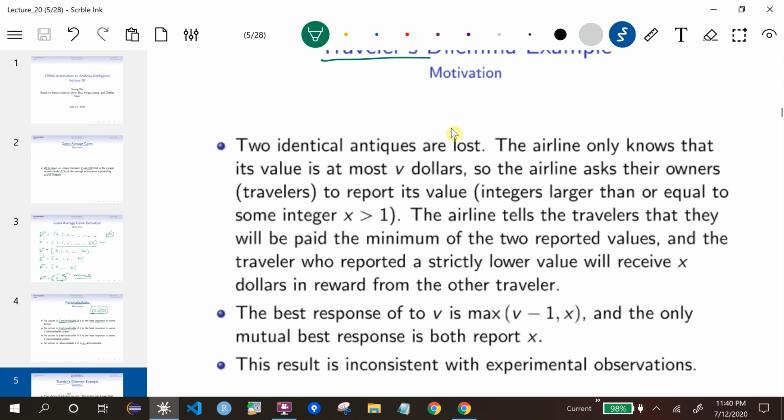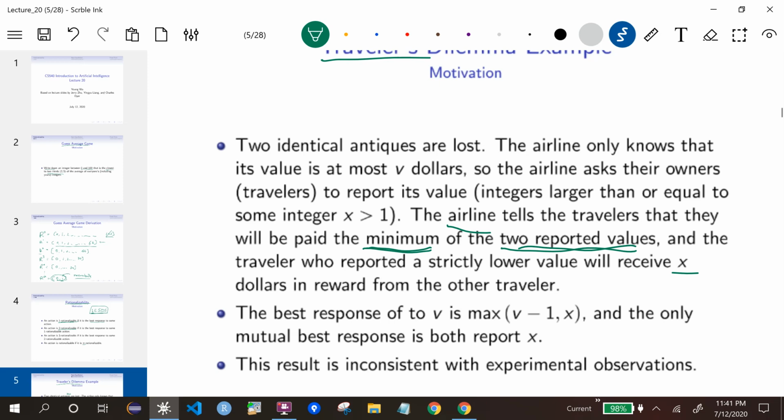The airline will pay the minimum, or the lower, of the two reported values, and it will also punish the traveler who reported a strictly higher value. So if one traveler reports a higher value, then he or she needs to pay the other traveler X dollars, and both of them, by the way, will be paid the minimum of the two reported values.